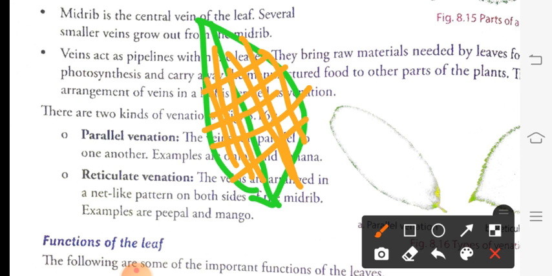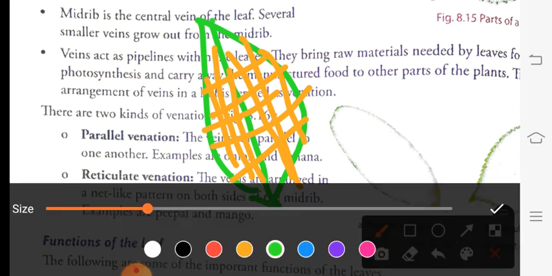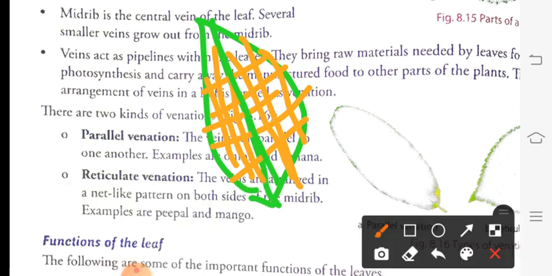You can see this is your midrib. This type of arrangement, where the veins are arranged in a net-like pattern, is known as reticulate venation. Examples of reticulate venation are peepal and mango.